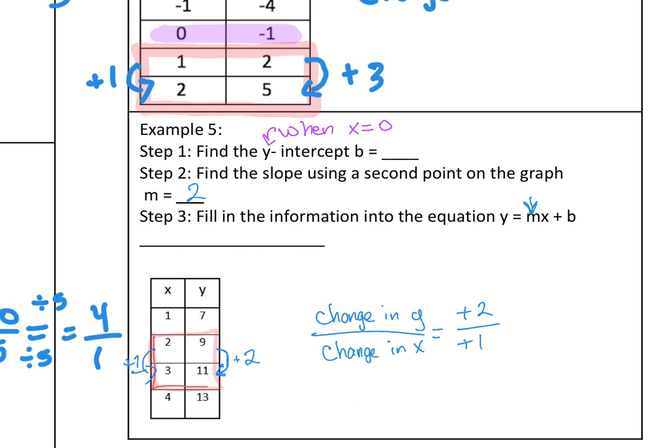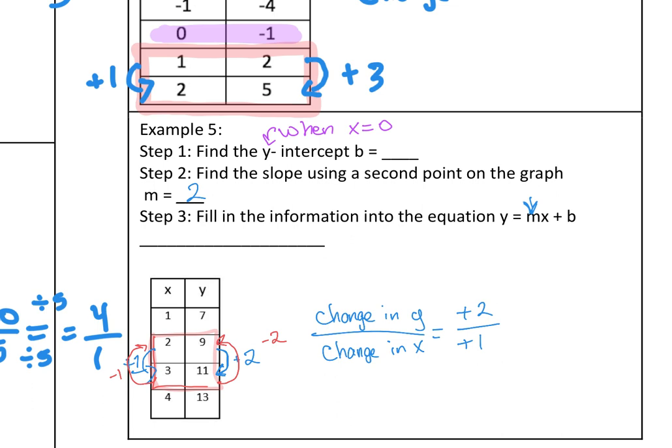So if we're increasing by 2 going this way, what do you think is going to happen if I go in reverse? So if I go from 11 to 9, what am I doing? Decreasing by 2. If I go from 3 to 2, decreasing by 1. Let's keep going.